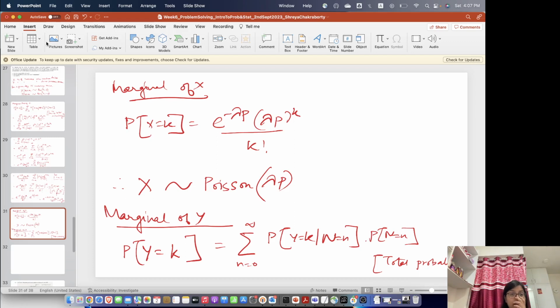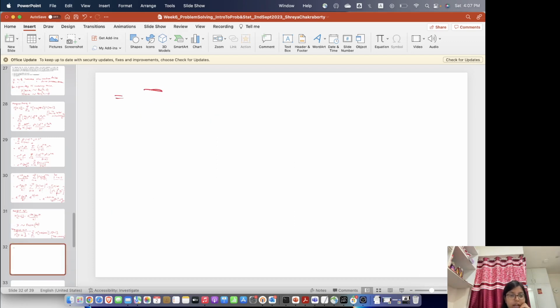Okay, so then again here we have to write it as summation n equal to 0 to infinity, y equal to k given N equal to n is nCk, 1 minus p to the power n minus k and p to the power k, into again similarly e to the power minus lambda, lambda to the power n by n factorial.